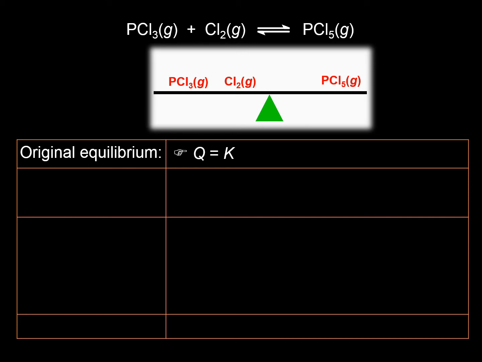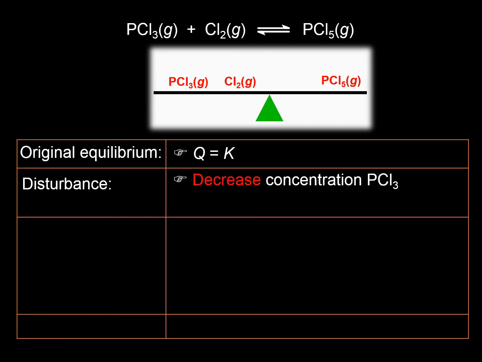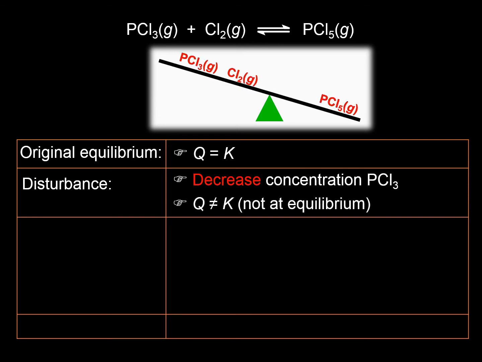Initially, the system is at equilibrium at which Q equals K. Just after the disturbance is given, by decreasing the concentration of PCl3, Q is now not equal to K. In order to reach equilibrium, the concentrations of PCl3 and Cl2 need to be increased and the concentration of PCl5 needs to be decreased.